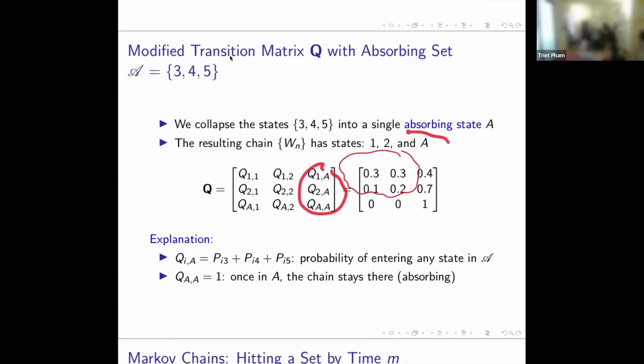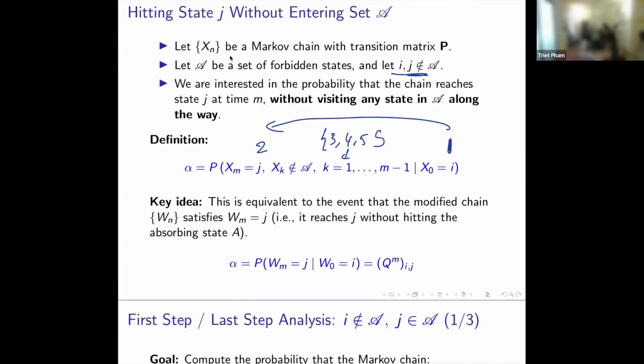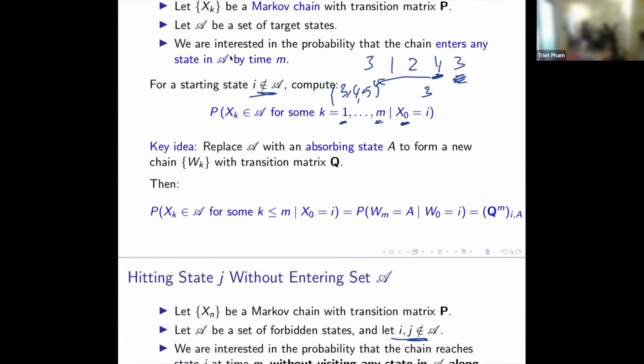It only has states 1, 2, and A. If you follow the suggested answer, it will say something like Q to M 3A, and that's not even a 1 like Kathy was suggesting. It's more like nonsense, because 3 is not part of the Q matrix.